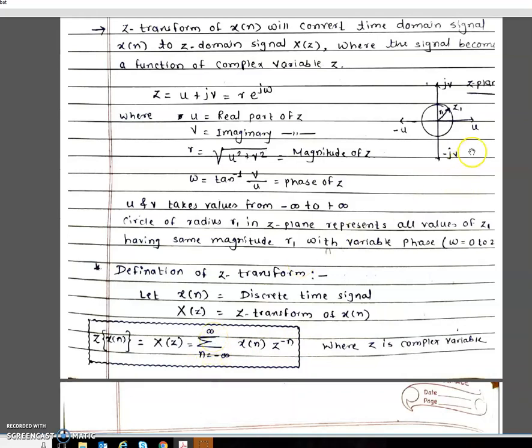As I told you, the values of u and v change from minus infinity to infinity, so your input x of n can change from minus infinity to infinity. We have studied causal, anti-causal and non-causal signals. Non-causal signals have values from minus infinity to infinity. This is the Z transform.